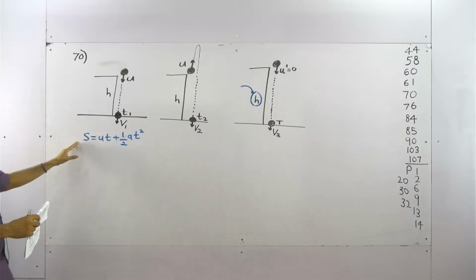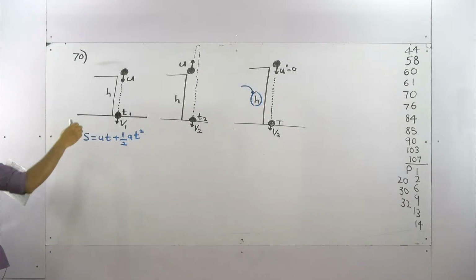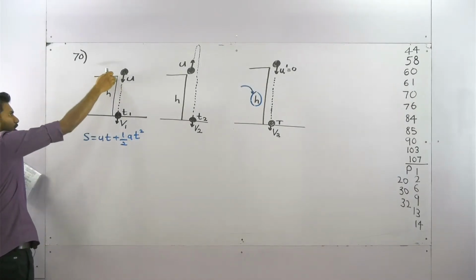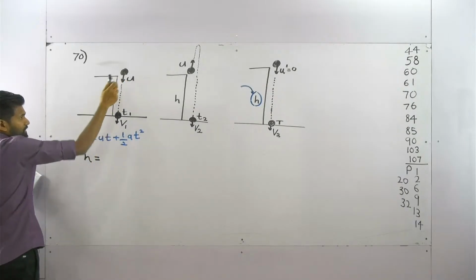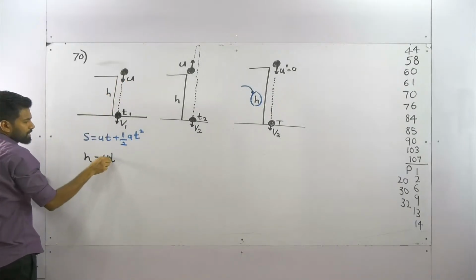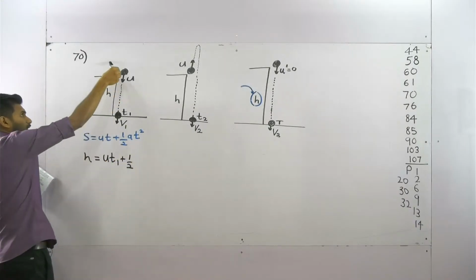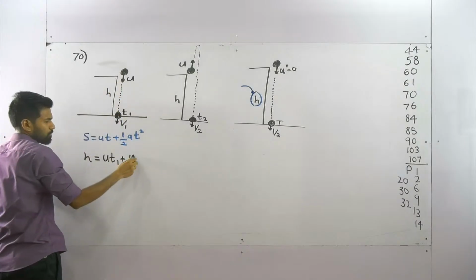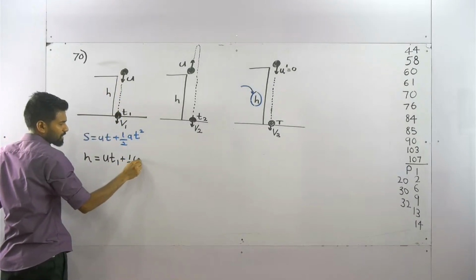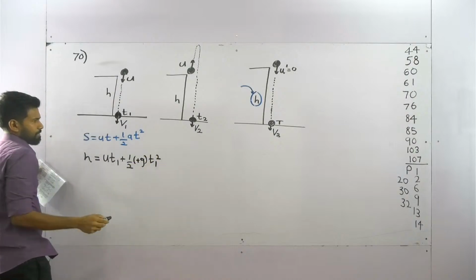For this equation, the distance it has to come down is h. Initial velocity is u, time taken is t1, plus half, and when an object is released from a higher point and coming downward throughout its motion, the acceleration of gravity is plus g, t1 square.